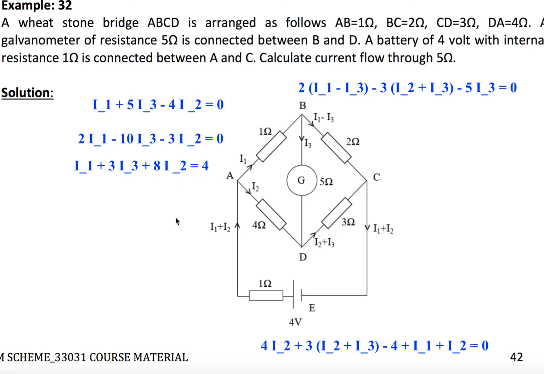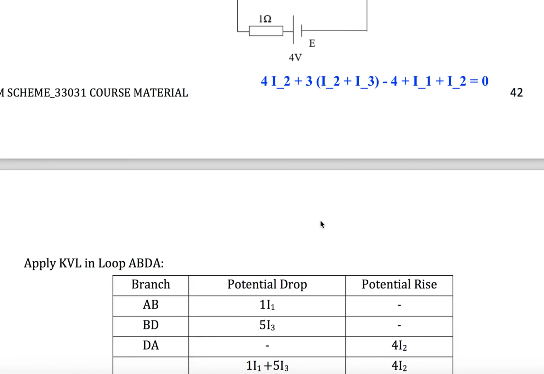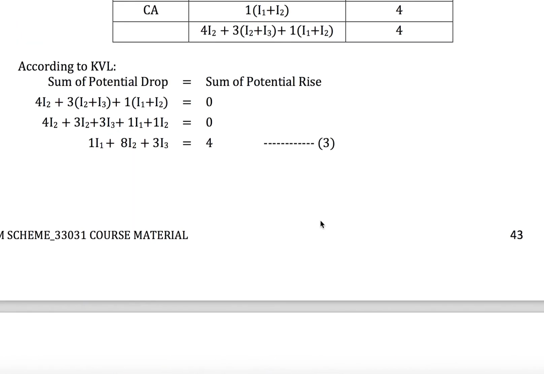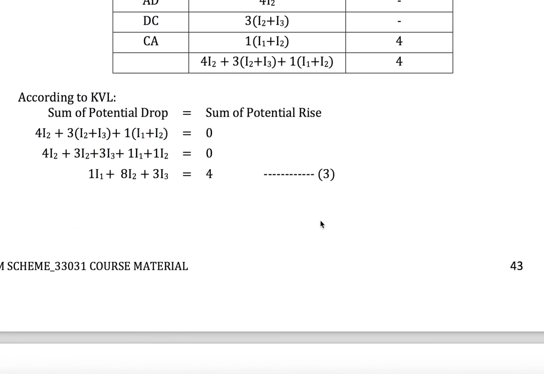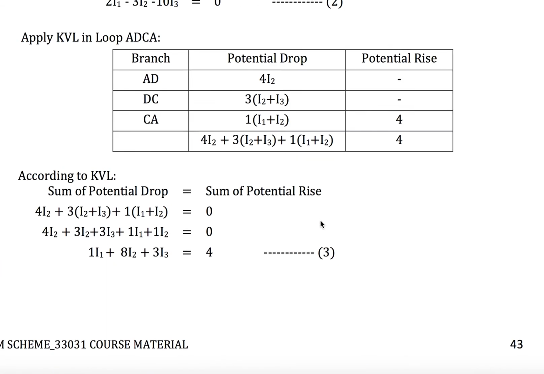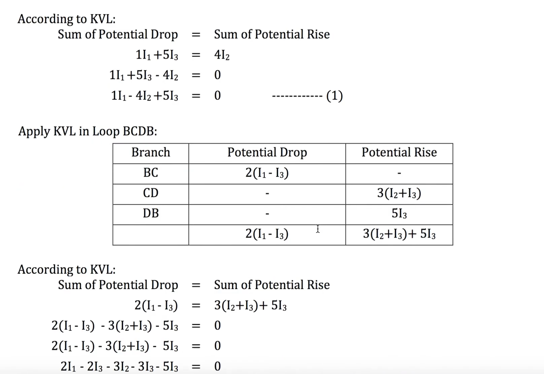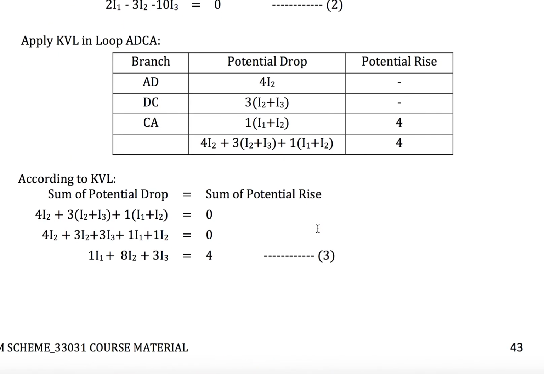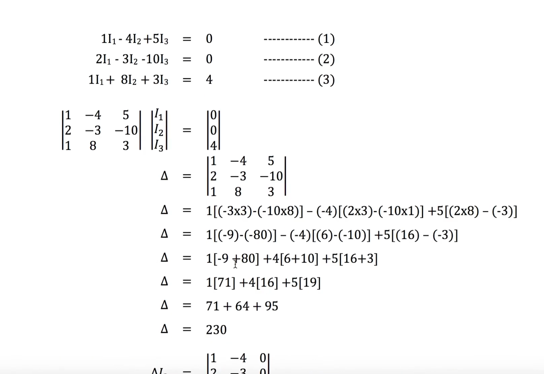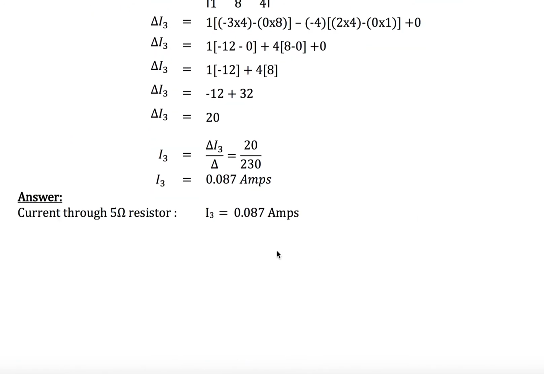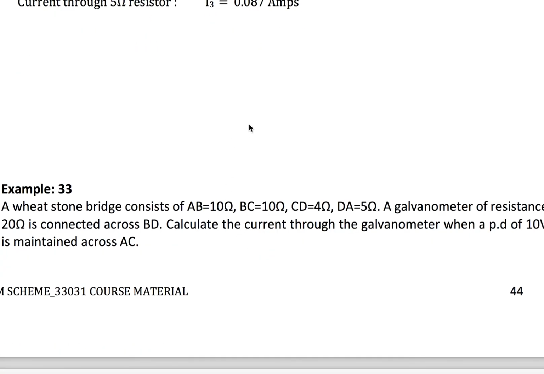Now you can use your Cramer's rule to find I1, I2, I3, but what you need is I3, so delta 3 by delta. Okay, I1 plus 8I2 plus 3I3, okay, equal to 4, like that. Okay, so delta 3 by delta is the given answer, so we got the answer.